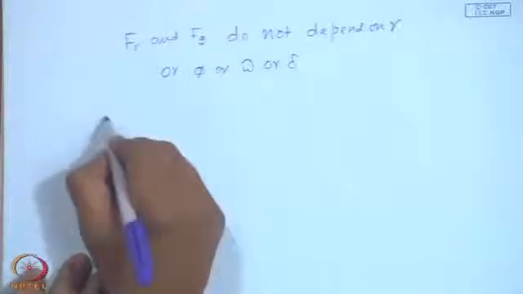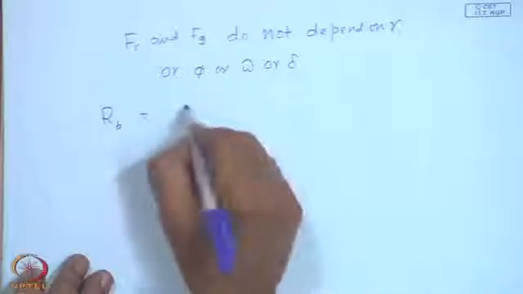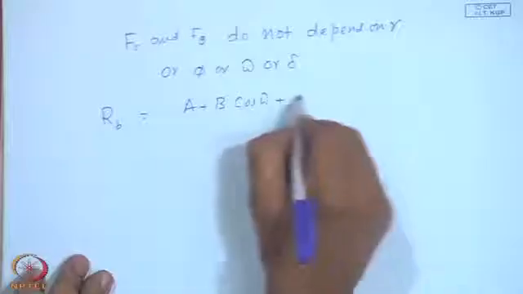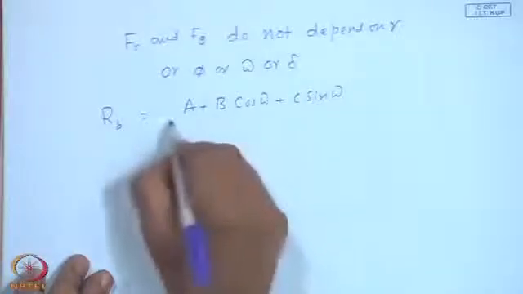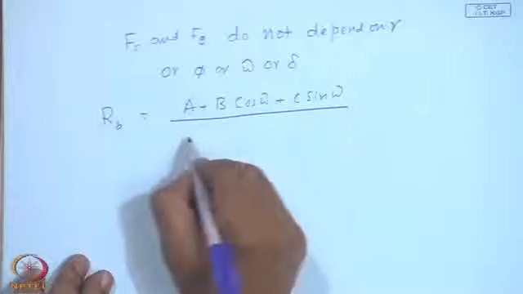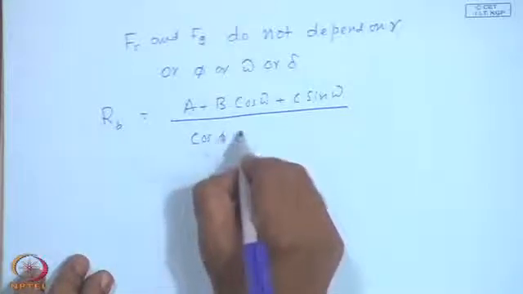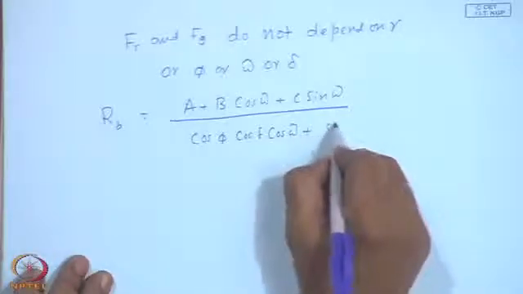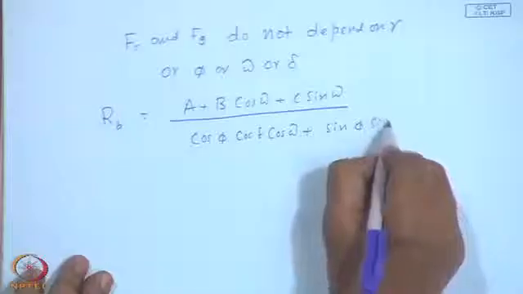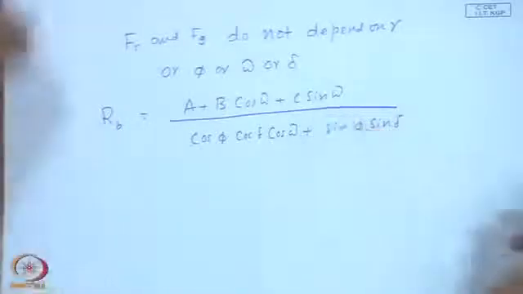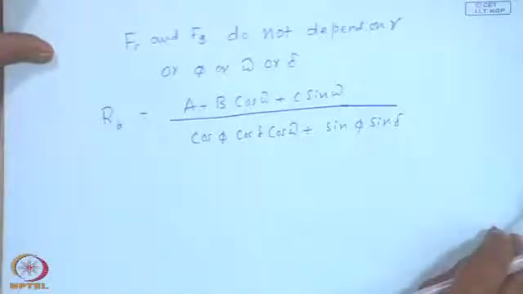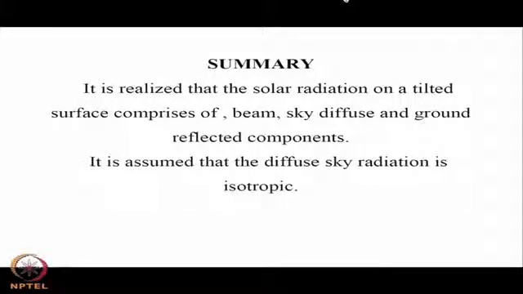So, I can in general have... so, this is the general expression for cos theta and this is the expression for cos theta z. So, now we have a method of calculating R b in general.